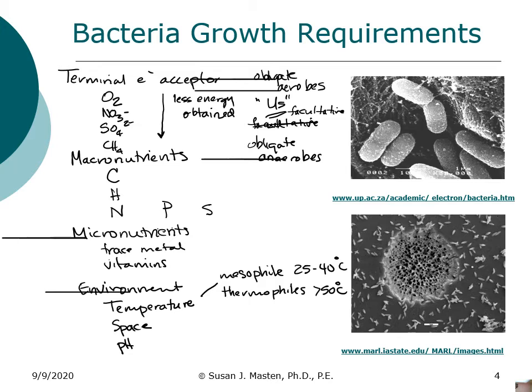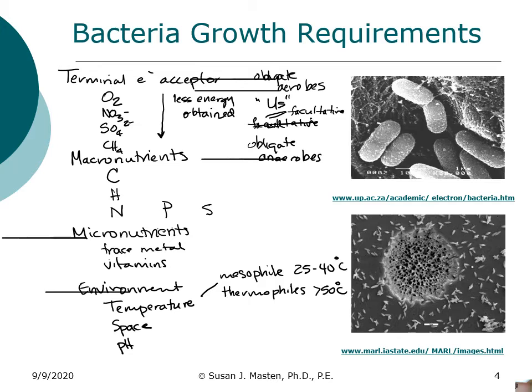And I've ranked them here in order of the energy that's obtained. So an organism that uses oxygen as its terminal electron acceptor will obtain significantly more energy per mole of that electron acceptor than an organism that uses methane.